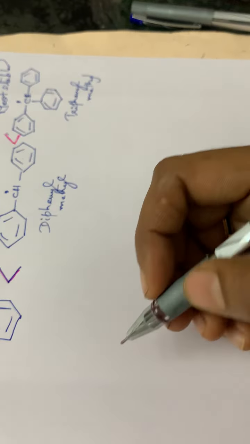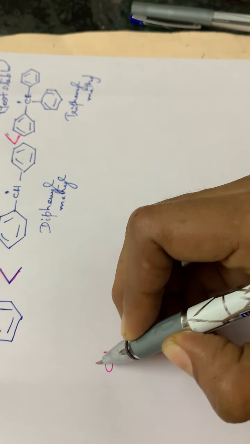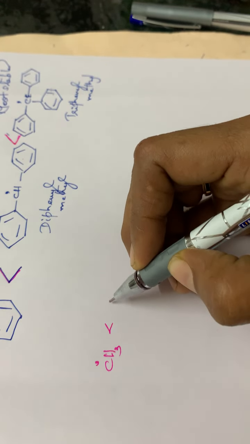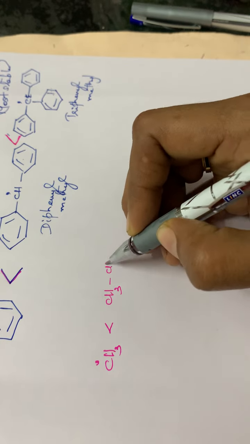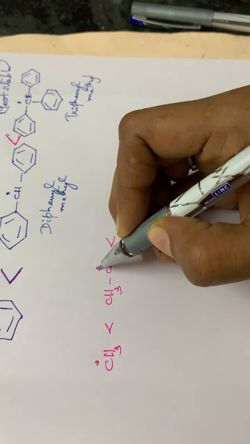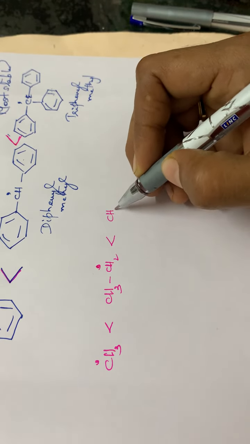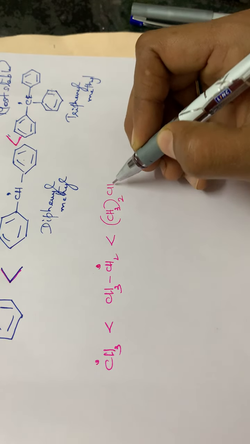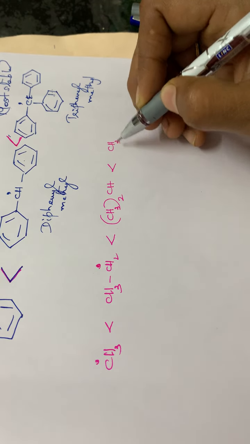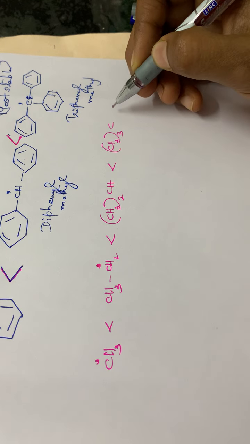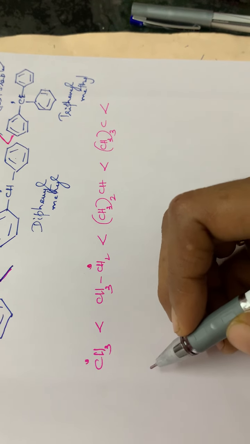That is, first of all, the least stable will be CH3, which is less than ethyl, CH3CH2 dot, which is less than (CH3)2CH, which is less than (CH3)3C, which is less than allyl, isn't it?